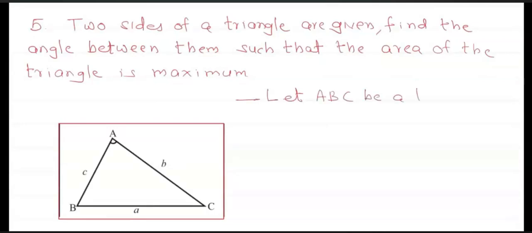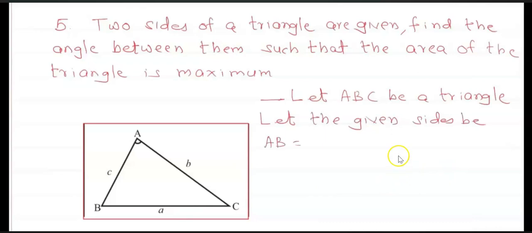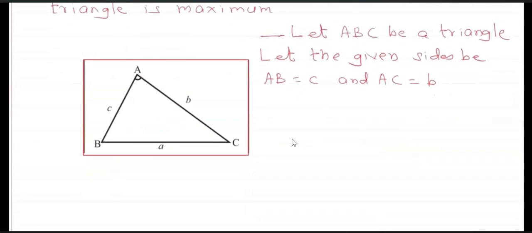I mean, this figure ABC is a triangle. These are the sides. Small a is the side opposite to angle capital A, small b is the side opposite to angle capital B, and small c is the side opposite to angle C. Let ABC be a triangle and their corresponding sides are, that is, AB is small c, AC is small b.